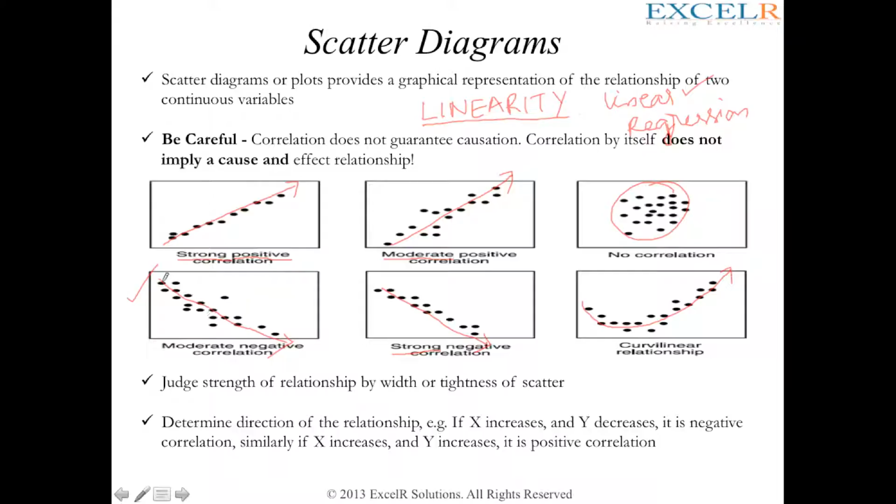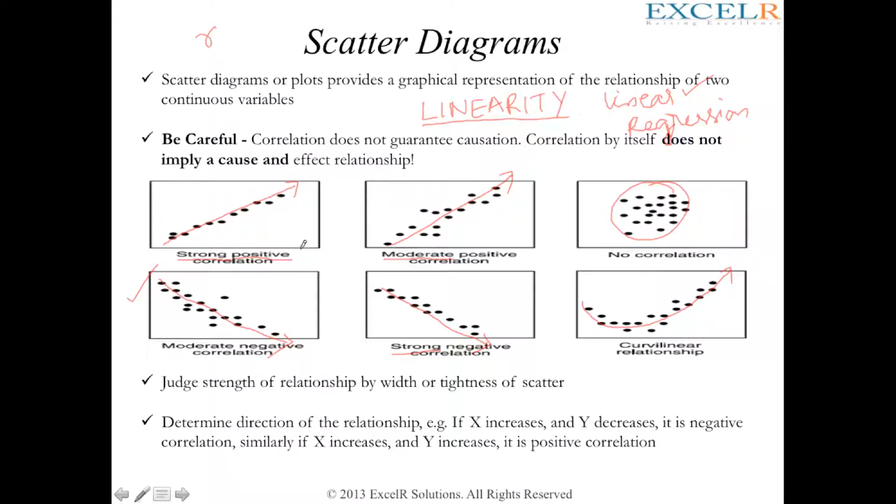A few of you might say, hey, that's a weak negative correlation. So there is always an element of subjectivity when it comes to the strength of the correlation between two variables. We'll discuss how to crack it statistically using something called the correlation coefficient, which is represented using small r. We'll discuss that in a moment.